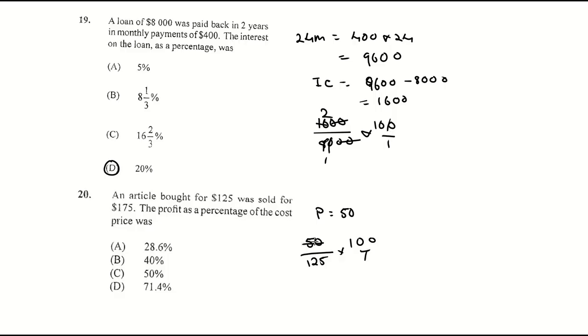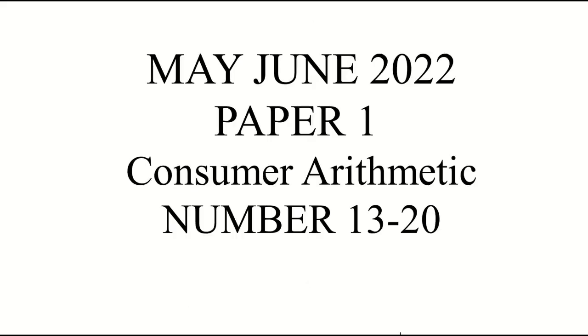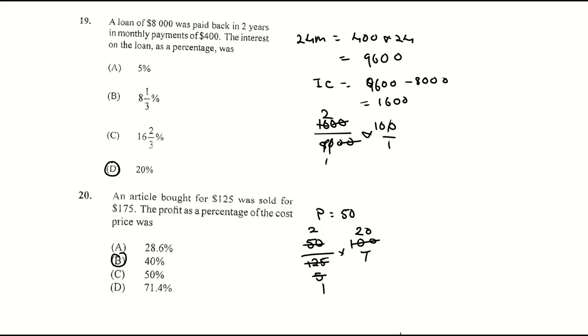You could say 25 into 50 is 2, 25 into 125 is 5, 5 into 5 is 1, 5 into 100 is 20, 2 by 20 is 40, so the answer is B for this question. Alright, and that would be the end of January 2023.